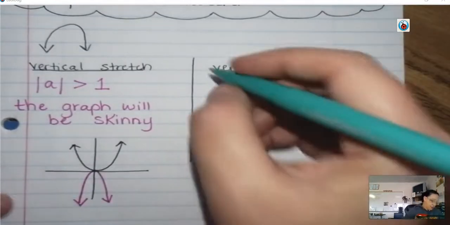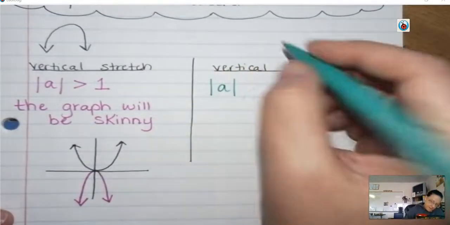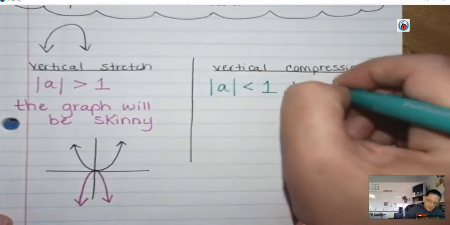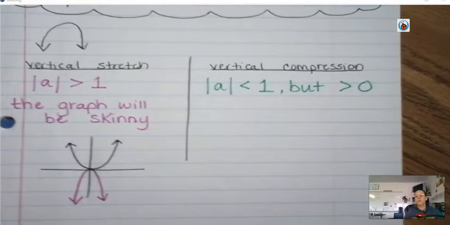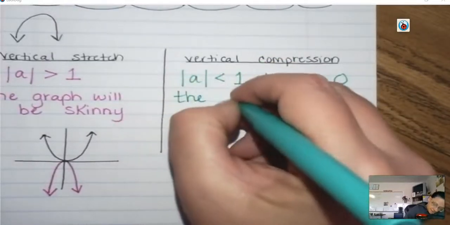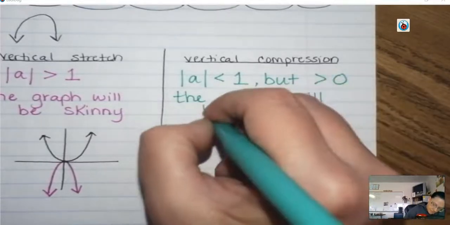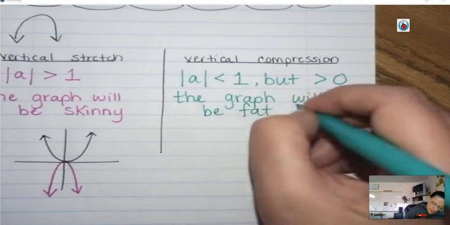Then if the absolute value of A is less than 1 but greater than 0, the graph will be fat, or wide.